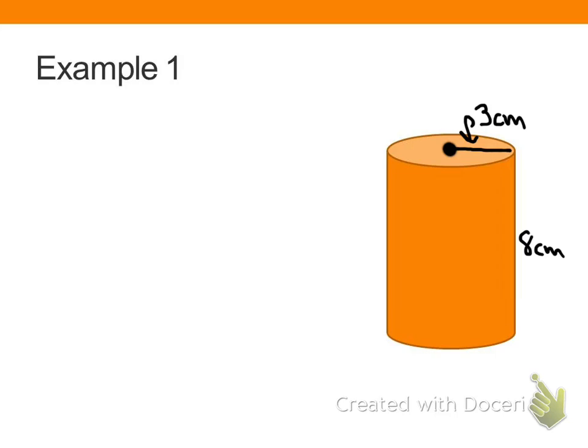I need to find the surface area of this cylinder. So I start with my formula. Surface area equals 2 pi RH plus 2 pi R squared. And now I need to plug in the numbers where they go in the formula. All right, so go ahead and try to do that on your own.